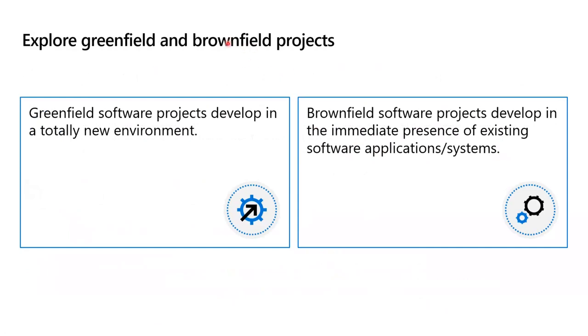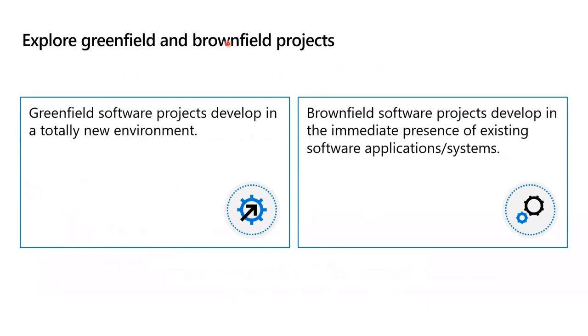A brownfield project is basically one where you already have a base, you already have code. You are going to start from an existing project, and from that existing project, you want to apply the DevOps techniques.